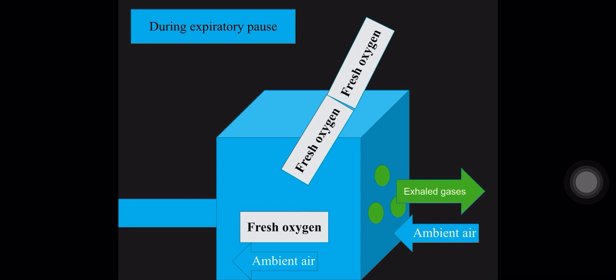Ambient air also enters from the side holes of the face mask, so dilution of the fresh oxygen supply occurs, and the oxygen supply to the patient is fresh oxygen and ambient air.